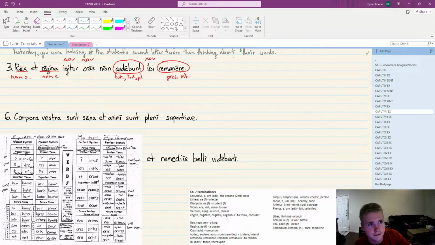So therefore, the subject, the rex, the king, and regina, queen. What are they doing? Well, they're not audebunting, they're non-audebunting. So they will not dare.